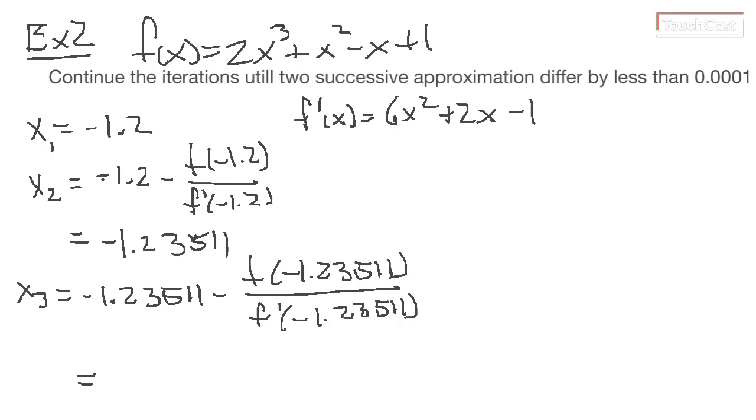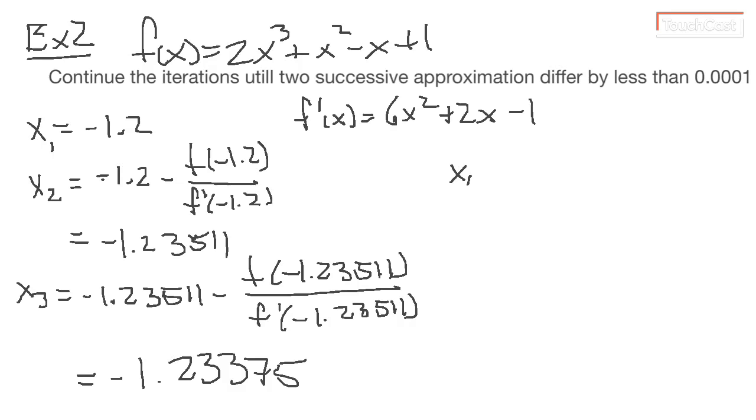When I do that, I'm going to get that my second iteration, my x3, is going to be -1.23375. Now, since I am looking to round to the nearest 10,000th, I would at least be taking these numbers I'm calculating to the 100,000th. So let's check our next iteration, because these aren't within a 10,000th.